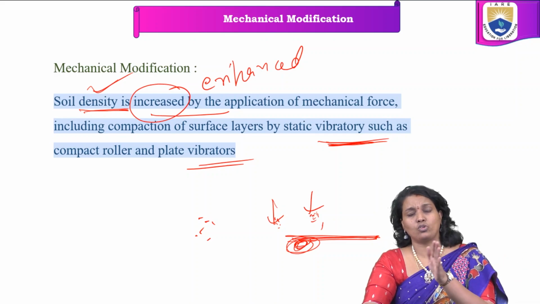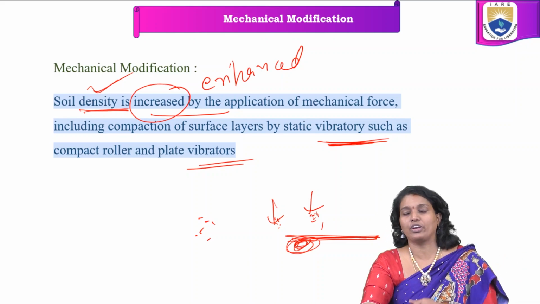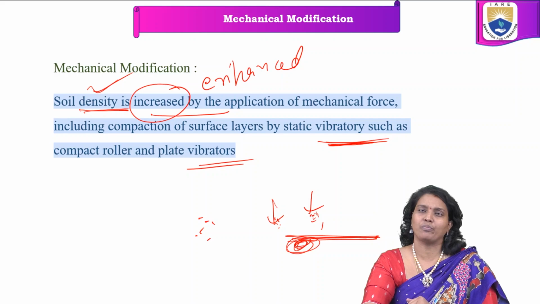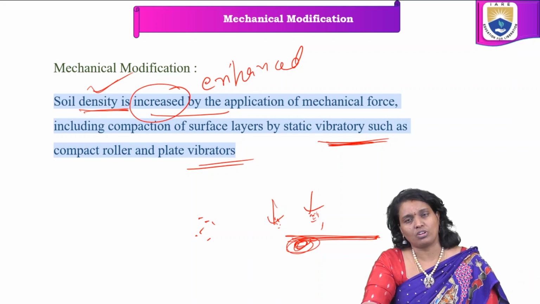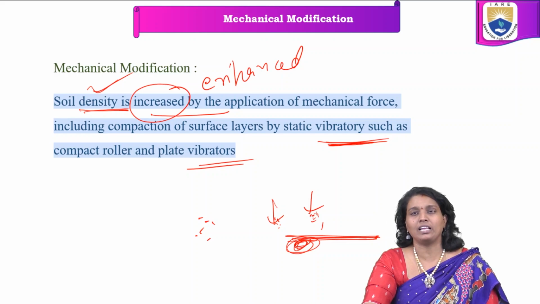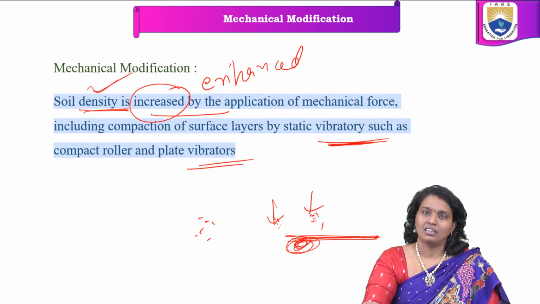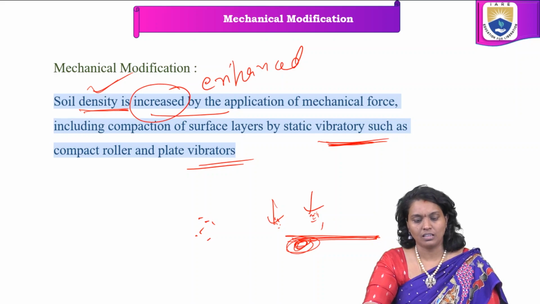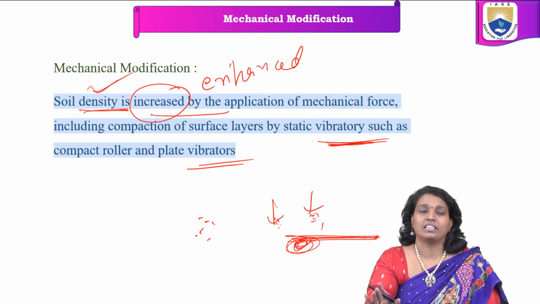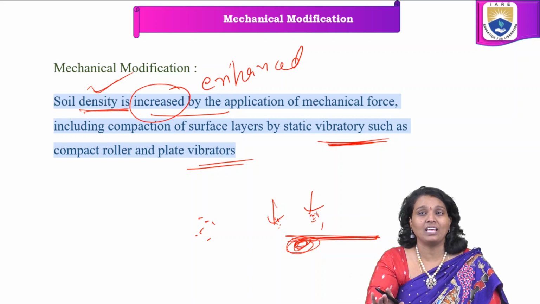Based on suitability, we adopt whichever type of vibrator is suitable for increasing the density of the soil in mechanical modification. The different kinds include stationary, dynamic, compact, and plate types, all of which apply mechanical force to densify the soil.